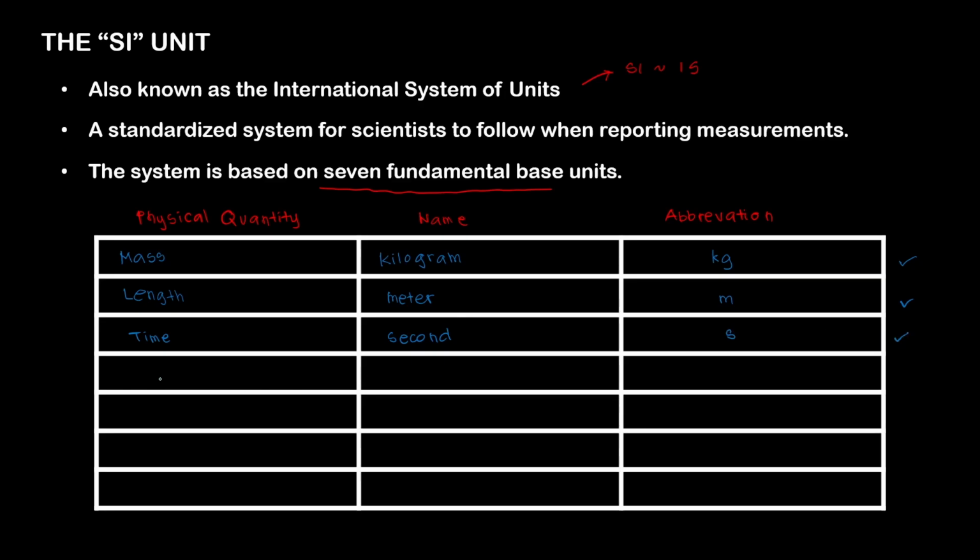Followed by temperature. What do you think is the unit for temperature? It's not Celsius, it's not Fahrenheit, it's Kelvin. This is what scientists use in reporting temperature, and that is abbreviated by a big K. Then we have the amount of substance.